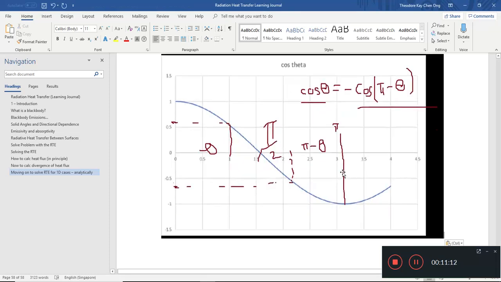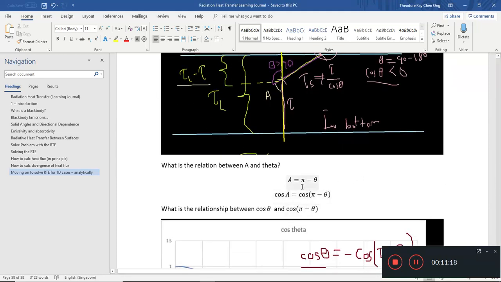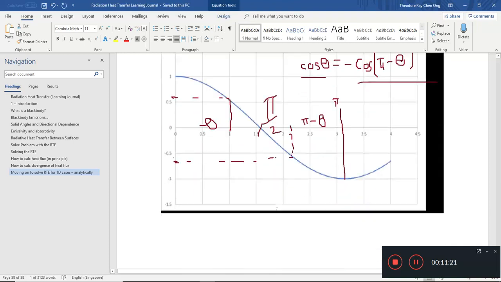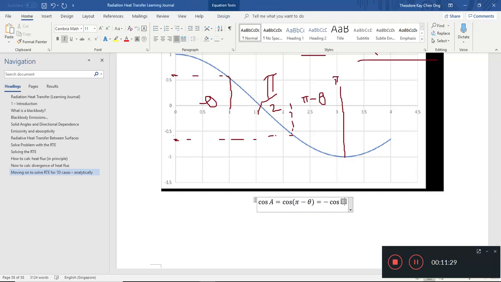So I have this picture here. This is rather convenient for us, where we have cosine A equals negative cosine theta. So we have that relationship there.